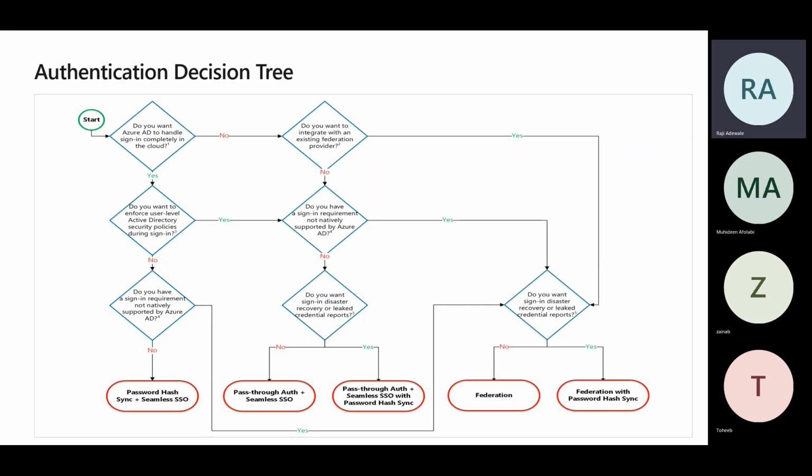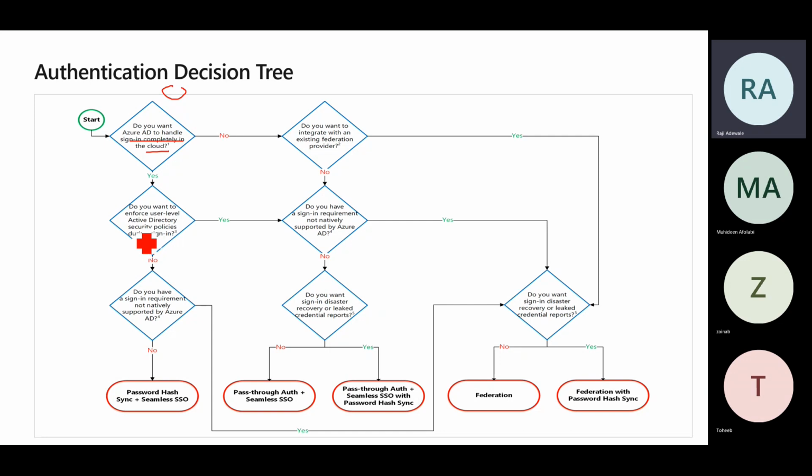So now, you'd typically have to go through a lot of design and architectural analysis to determine exactly which of these options would work, and any of them can work depending on your situation and what you intend to achieve. So this is just a decision tree that can help. If you want Azure AD to handle your request completely, that is if you have a cloud-only environment, if that is yes, then the question will be, do you want to enforce user-level Active Directory security policies during sign-in?